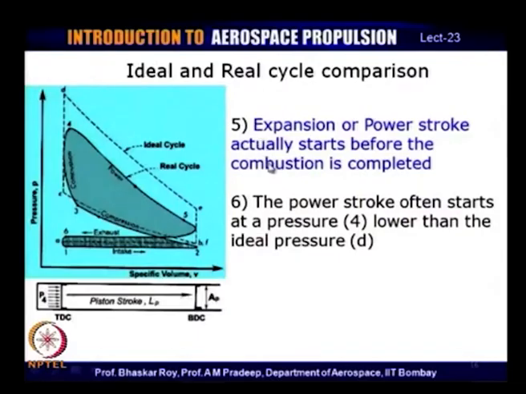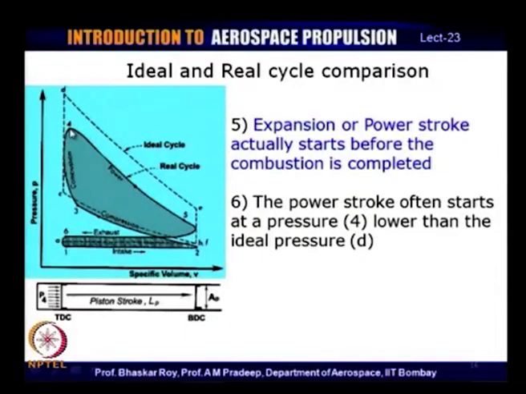This expansion process now starts, as you can see, quite often somewhere over here, which means the expansion in some manner has started even before the combustion process is actually completed. And from here we can officially say that the expansion has started.